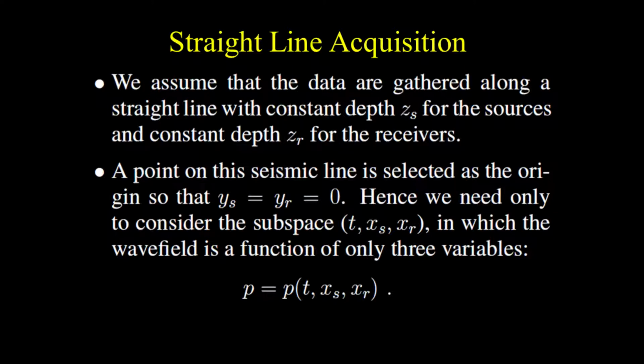A point on this seismic line is selected as the origin so that Ys equals Yr equals 0. Hence, we need only to consider the subspace T, Xs, Xr, in which the wave field is a function of only 3 variables, again T, Xs, Xr.